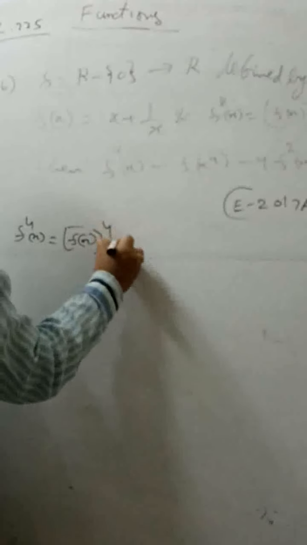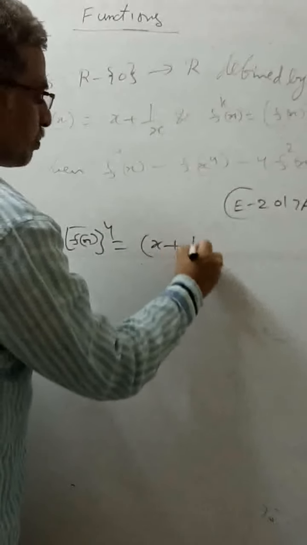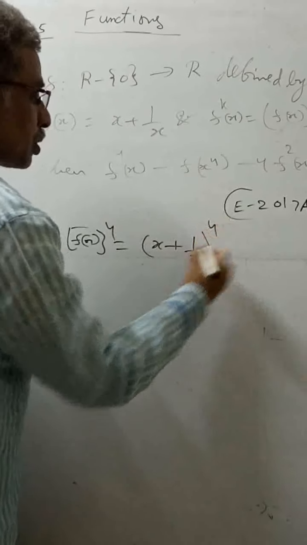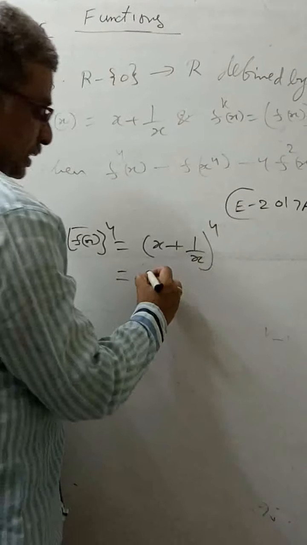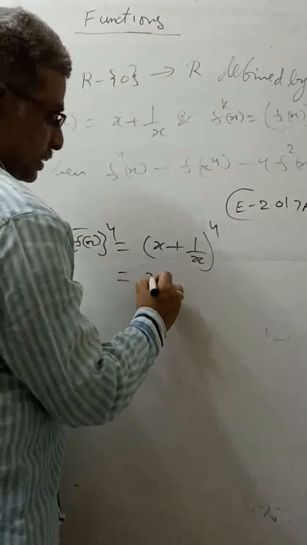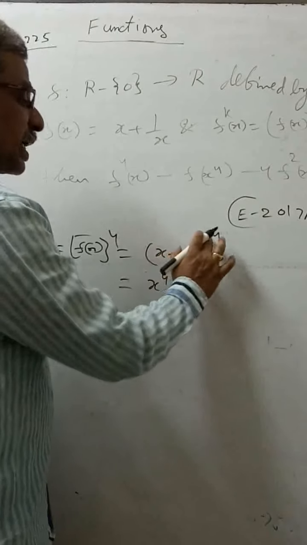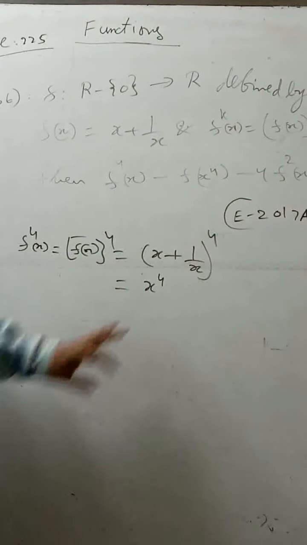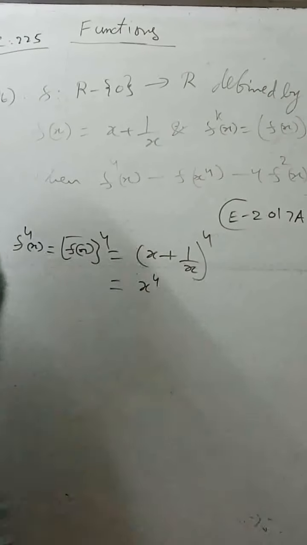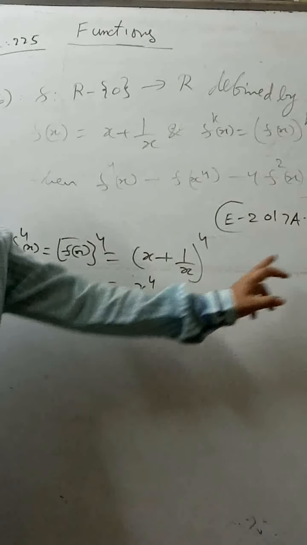So it is nothing but x plus 1 by x whole power 4. If you expand this, what do you get? x power 4. Otherwise you can write it as whole square, whole square. There are two ways of doing this whole power 4 expansion. If you know, you write it. I know, so I am writing 1 4 6 4 1.